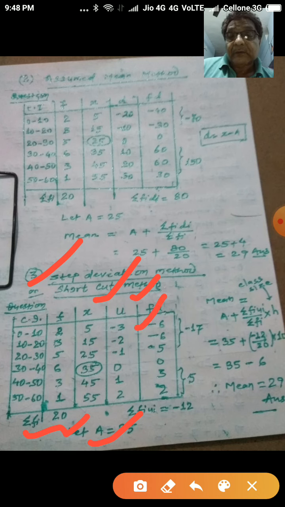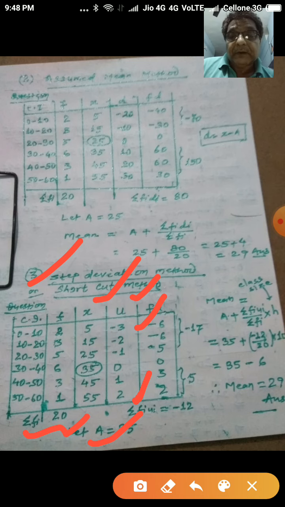Similarly we have calculated the others, and let us verify with the last value of x, which is 55. We take x minus a, so 55 minus 35 gives 20, and divided by h, that is 10, it is 2.